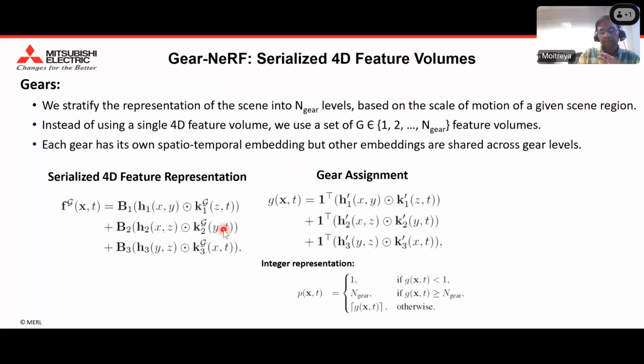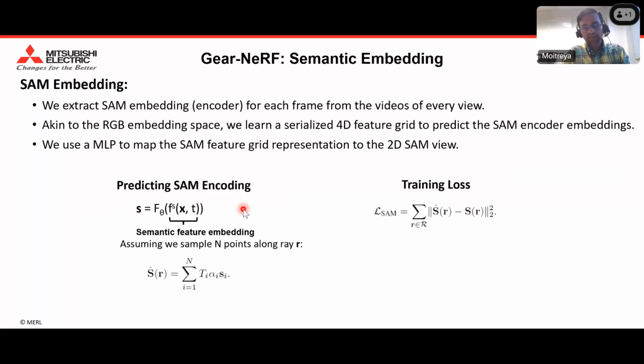Things that are moving faster get a more densely learned embedding, so the computational resources invested are higher, while regions that are moving more slowly can be rendered with more coarse level embeddings, and you don't need to sample as densely for those regions. So that's the idea. I hope that answers the question.